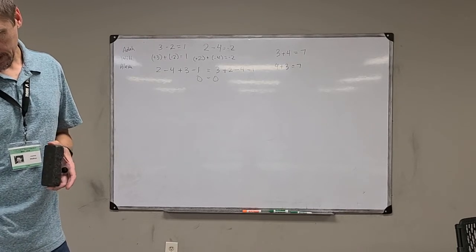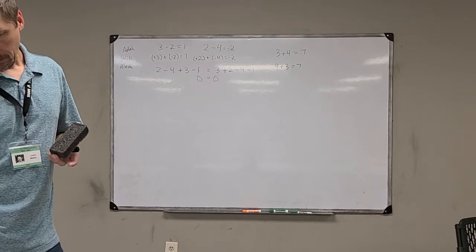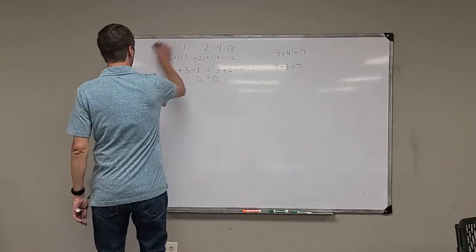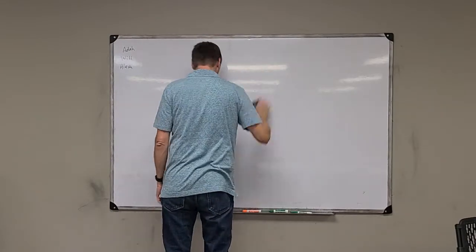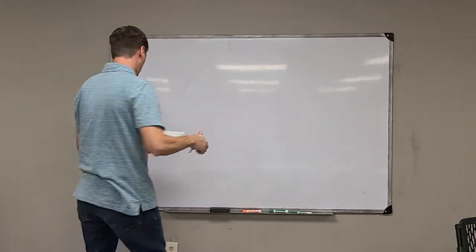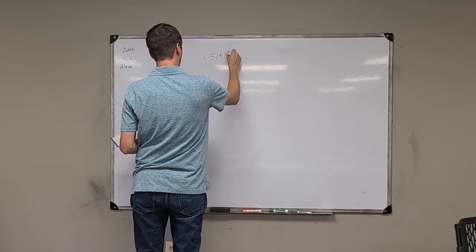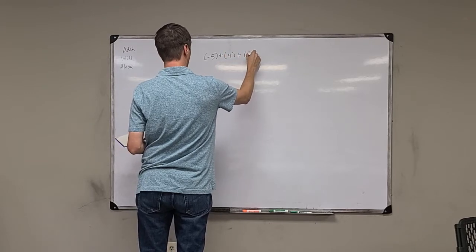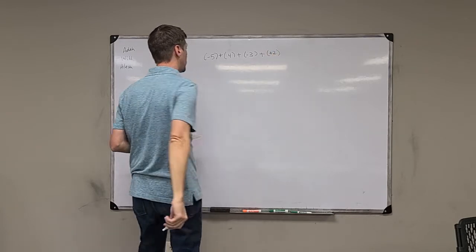And really, I just kind of did the second section, so I think you guys will get that. Let me make sure that you are okay with the way that they write this, and so I'll write this example on the board. Negative 5 plus 4 plus negative 3 plus positive 2.